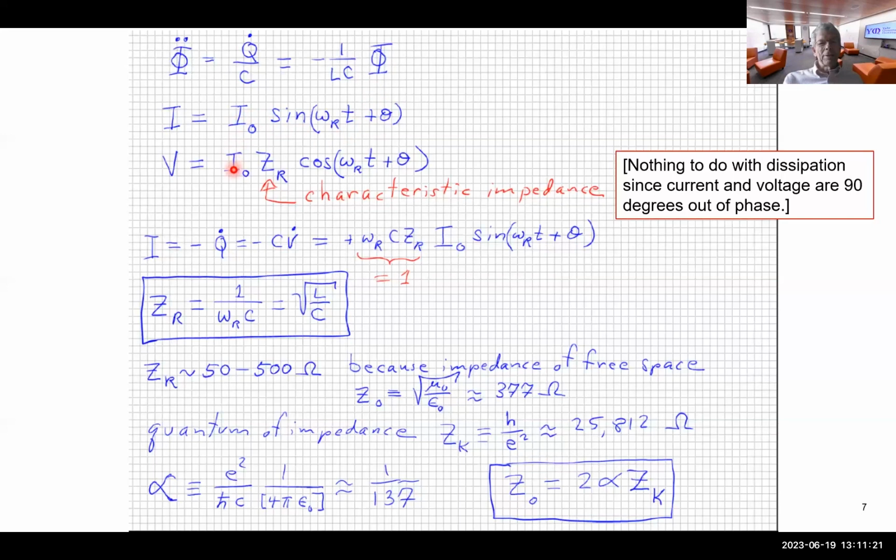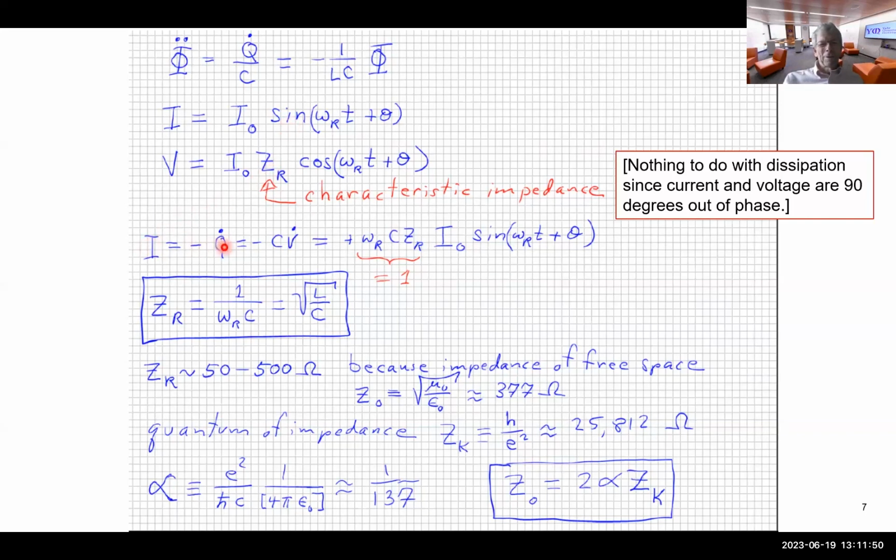And to get the units right, the amplitudes have to be connected by some impedance. If this is the amplitude of the current flow, the peak amplitude, then we need an impedance here to turn this into a voltage. And this is called the characteristic impedance of the oscillator. Nothing to do with dissipation. There is no dissipation because current and voltage are 90 degrees out of phase.